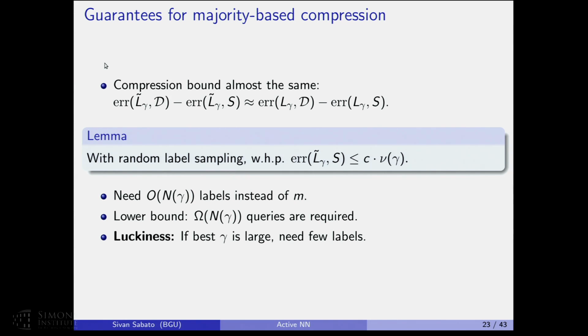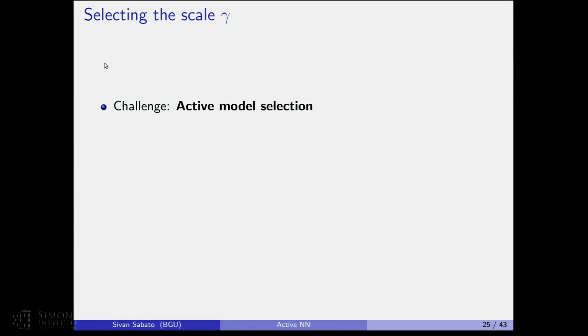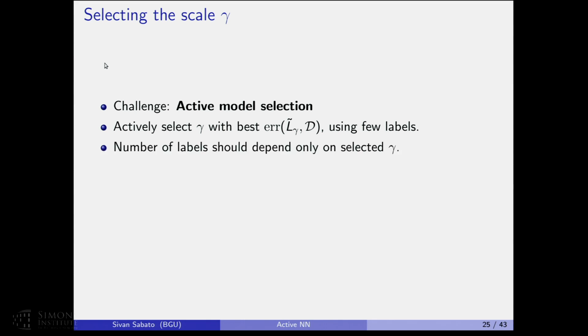Okay, so the point is, if we can find a good gamma which is large, then we're happy, we have few labels. Now, how do we select the scale of gamma? Again, our challenge is active model selection. We need to find gamma, but we want to use few labels, so we don't want to just try all of the different gammas and do the entire thing for all of them.